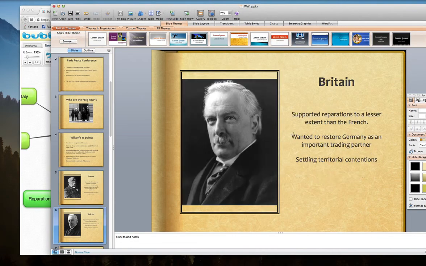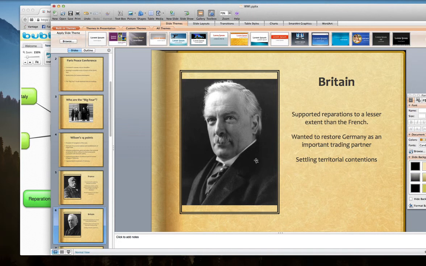And then Britain. So Britain, they supported the reparations, but they didn't want to be as harsh as what France wanted to be towards them. They wanted to restore Germany as an important trading partner, and this was because Germany created a lot of good industrial products.